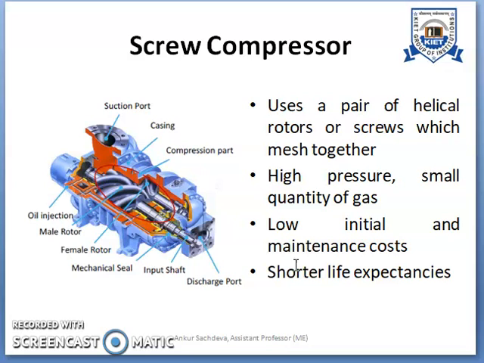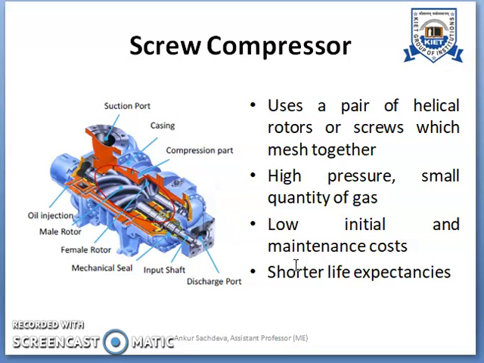Now the next compressor, that is the screw compressor. We have seen this kind of compressor in the animation also, and here we have two different rotors which move in opposite directions. One rotor is called the male rotor, and the other is called the female rotor.